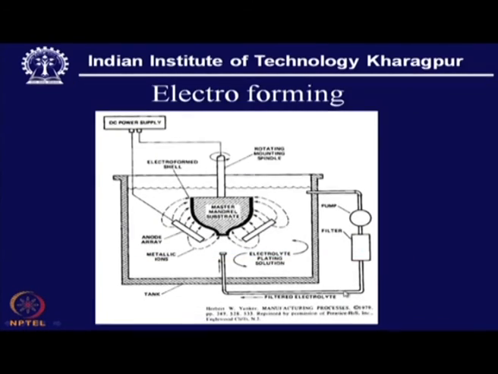This is also an industrial application, electroforming of a vessel having this surface, and thereby with all this anode array we can have flow of the material, and as a result we can get a very uniform surface over this mandrel.